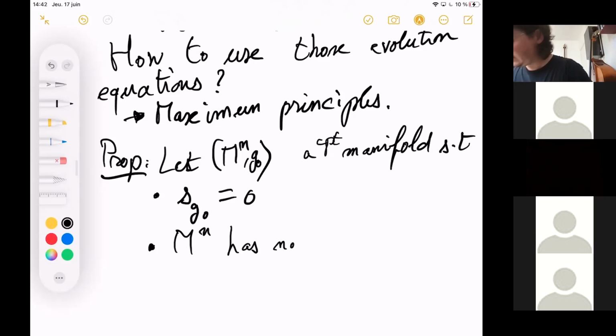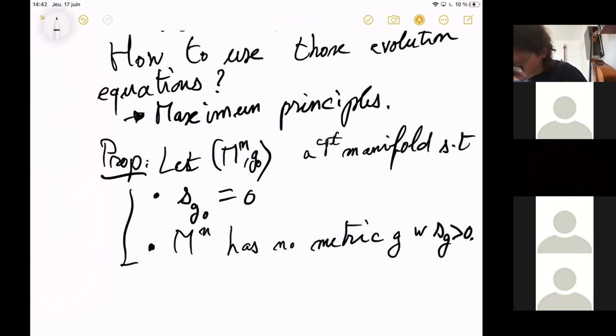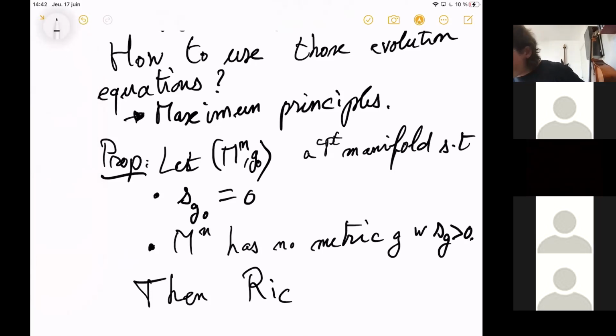Otherwise, you would have counterexamples. M^n has no metric g with positive scalar curvature. Then M is actually Ricci flat. And we will see how we can use the evolution equation for the scalar curvature here.